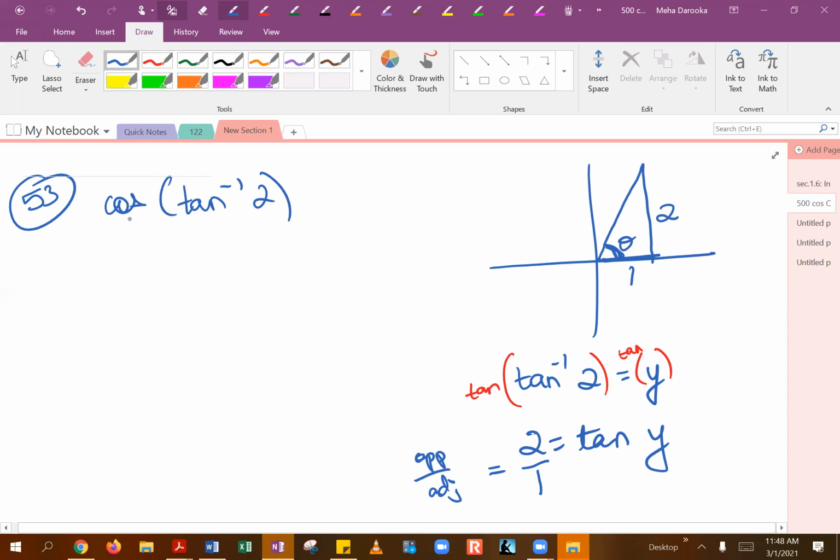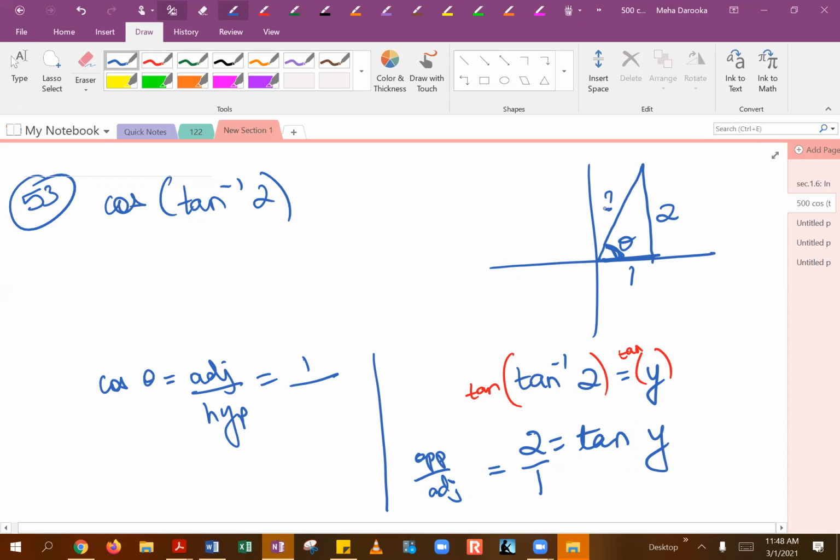And then we talk about the cosine function. Well, for the cosine function, cosine of theta we define as adjacent over hypotenuse. So we know the adjacent side is 1. We just have to find what this hypotenuse side is.